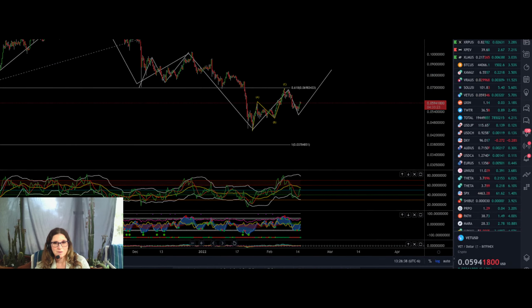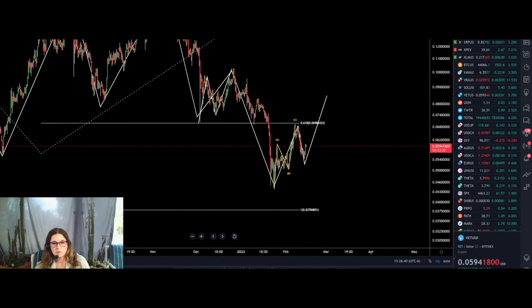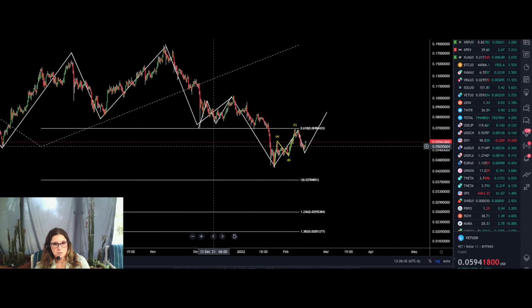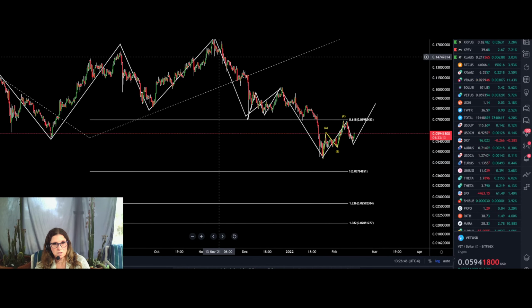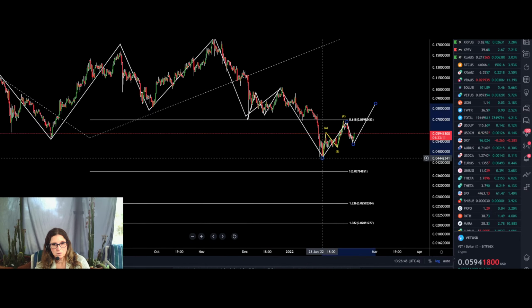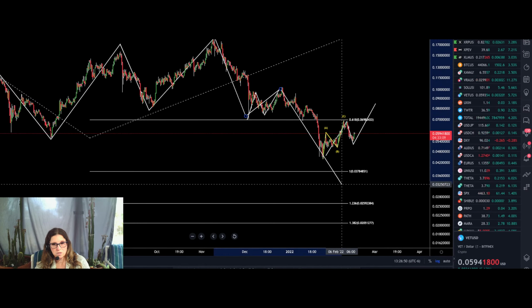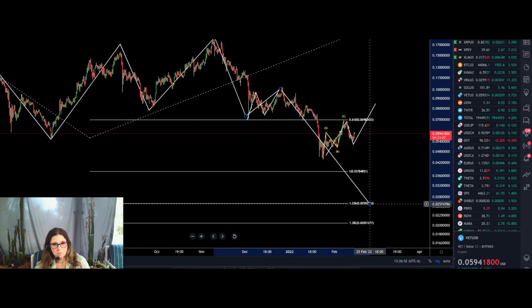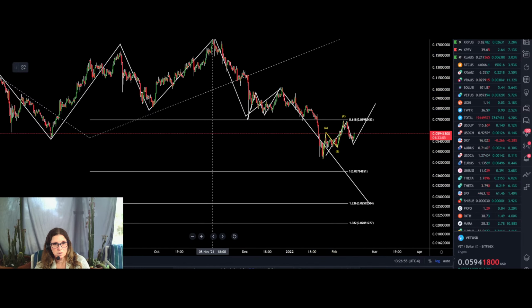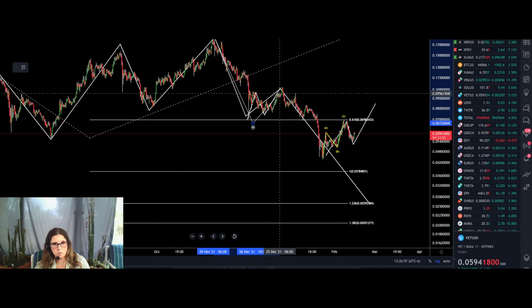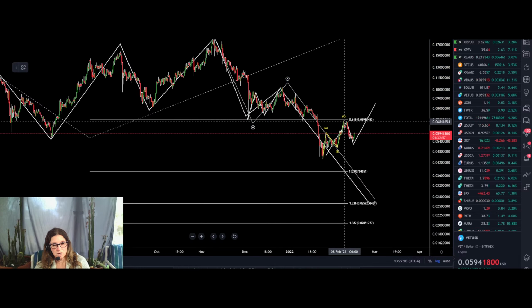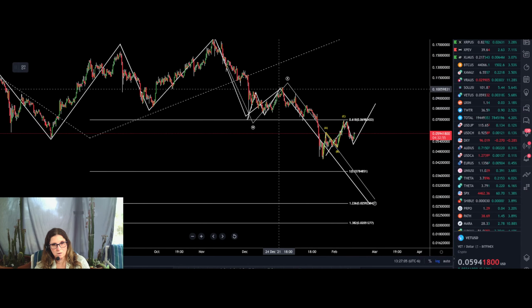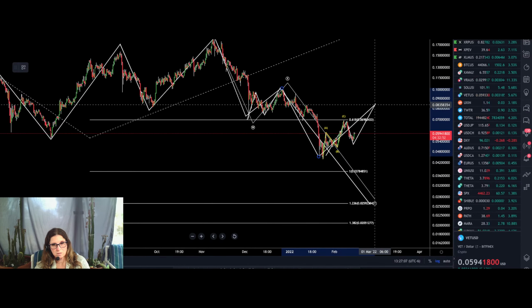But what I see here is this connector here. It's going to end up coming deeper. And then this last leg here ends up being WXY. And then this 3-wave move gets extended out, whether it's done here or it tries to go higher. So this leg down.